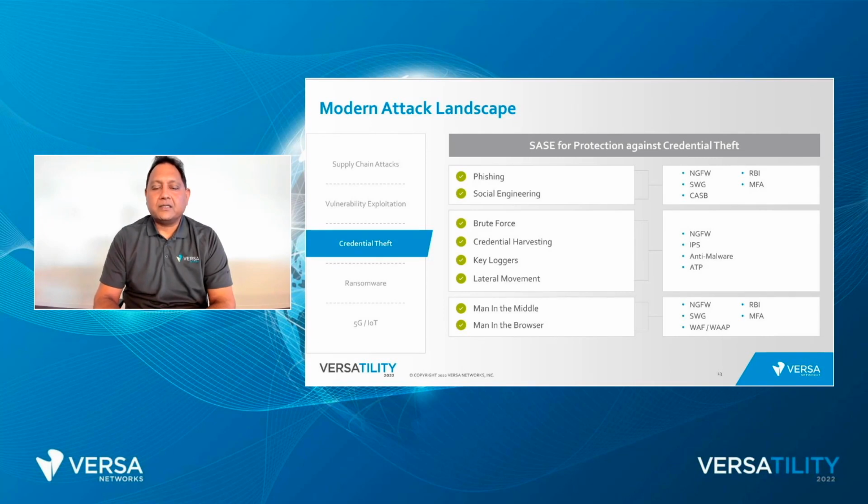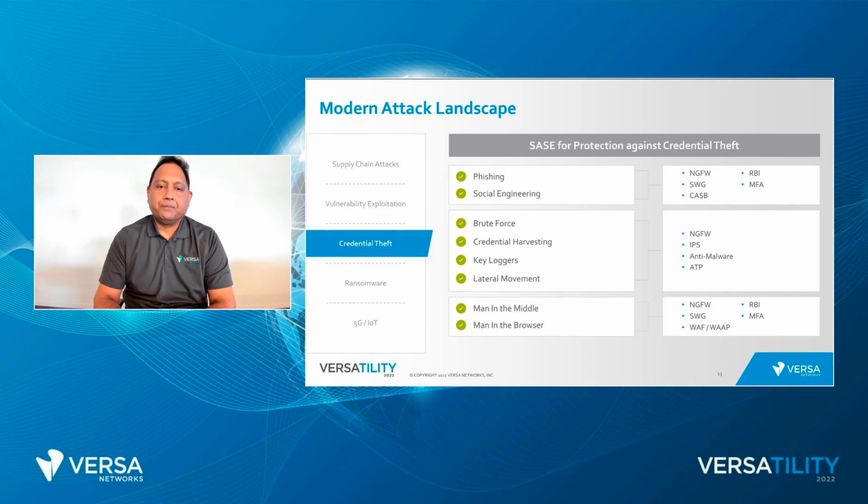So within the SASE portfolio, we have a number of different security functions that can be used to defend against credential theft. For phishing and social engineering attacks, we have the next-gen firewall, the secure web gateway, remote browser isolation, cloud access security broker, and on top of it, multi-factor authentication.